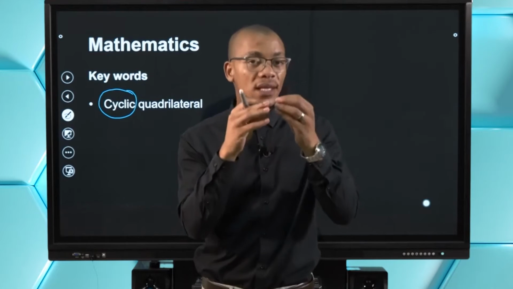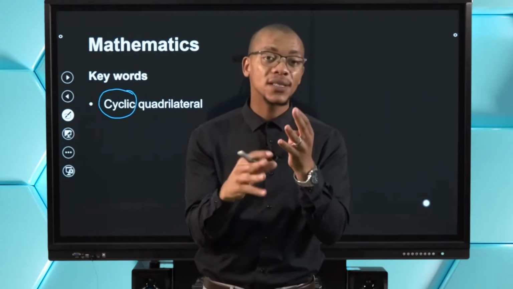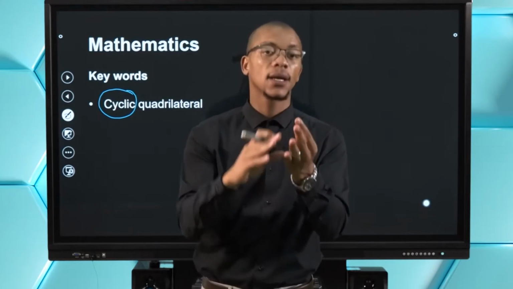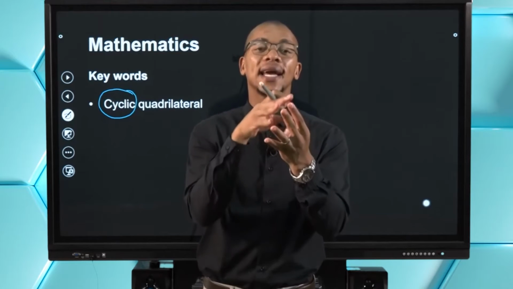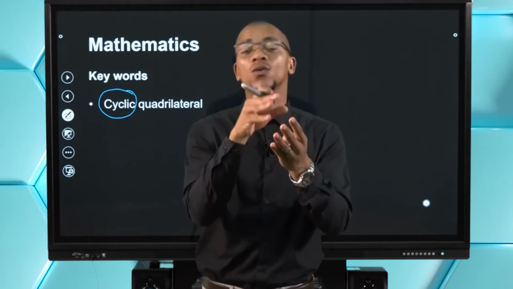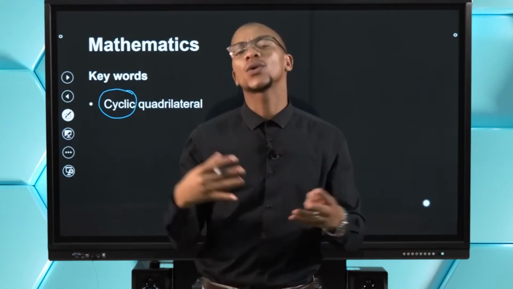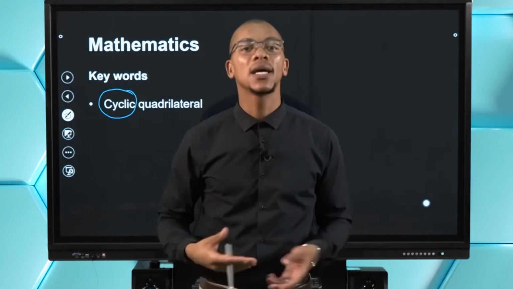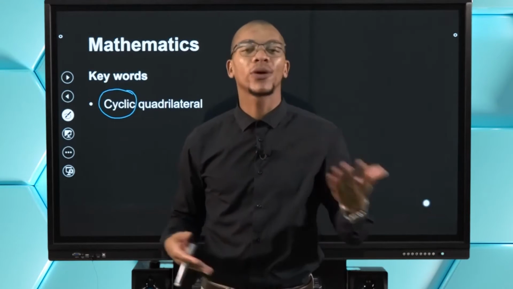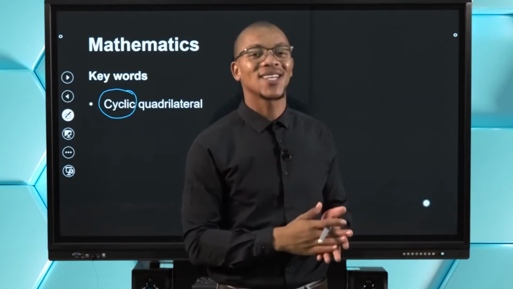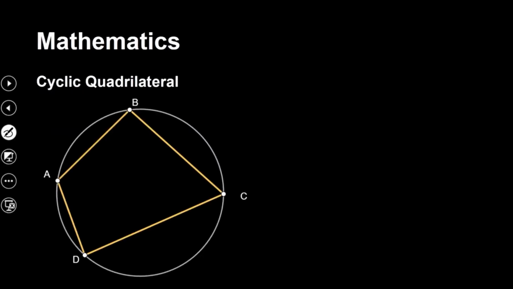If 4 points are concyclic and it's a quadrilateral, we call it what? A cyclic quad. So a cyclic quad would be a quadrilateral whose 4 points are concyclic. So that's what you need to think about there.